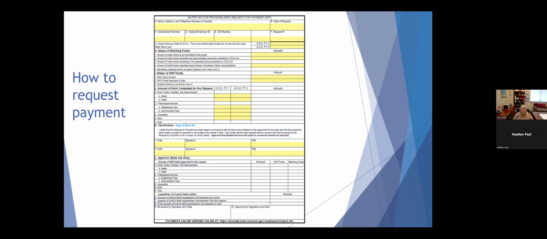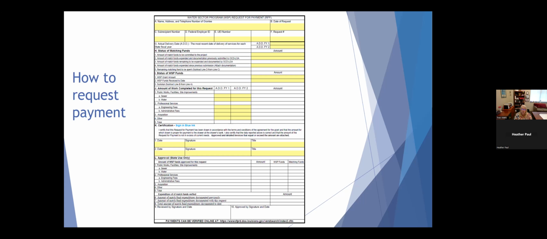Your actual delivery date is the most recent date of delivery of services for each state fiscal year. The state fiscal year runs July 1 to June 30th. If you're requesting funds for work that extended over that time period, let's say work that began in May and went until July or August, then you're going to need to split that cost into two.